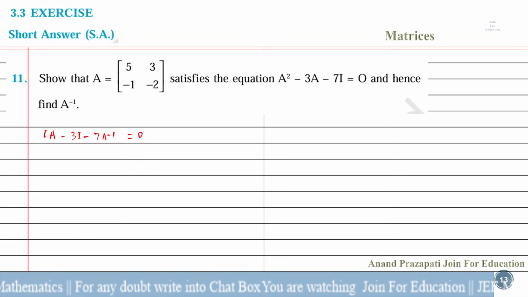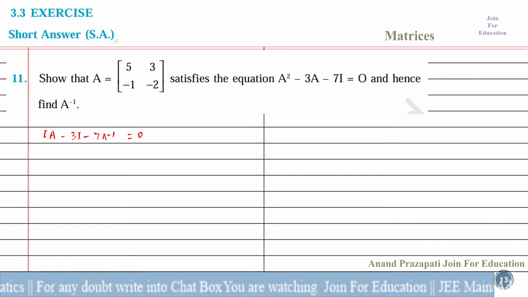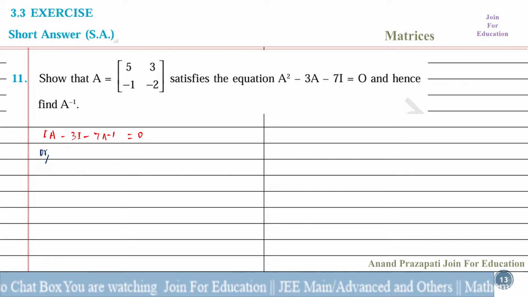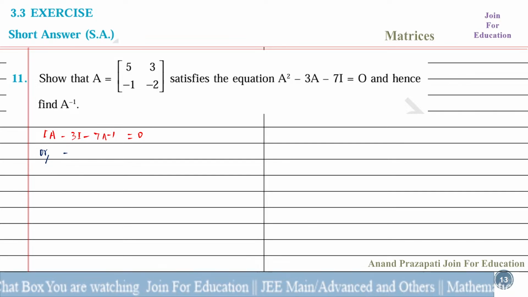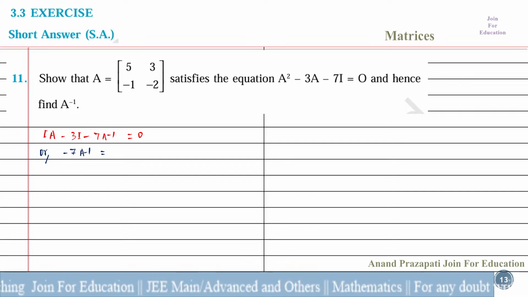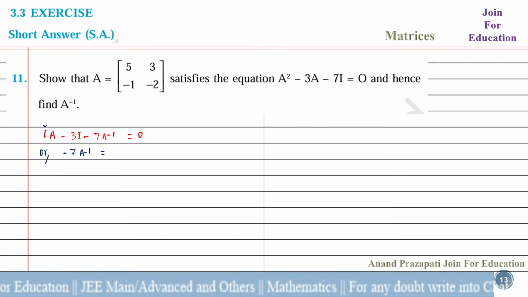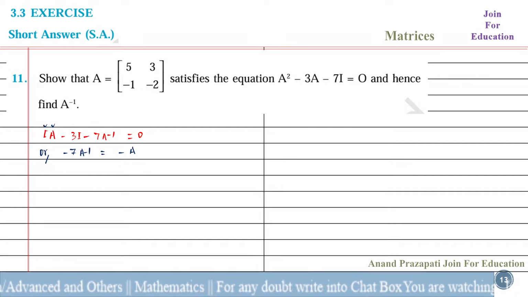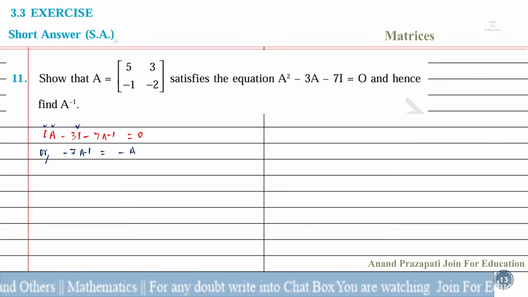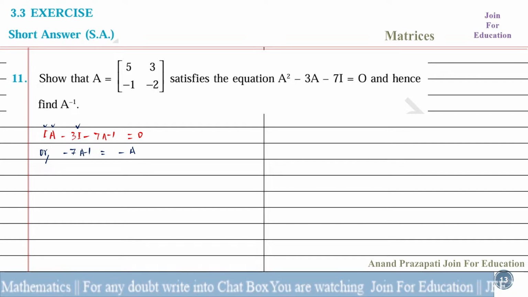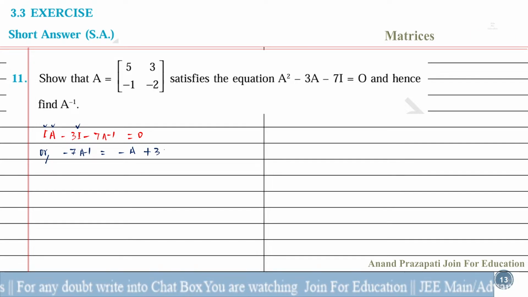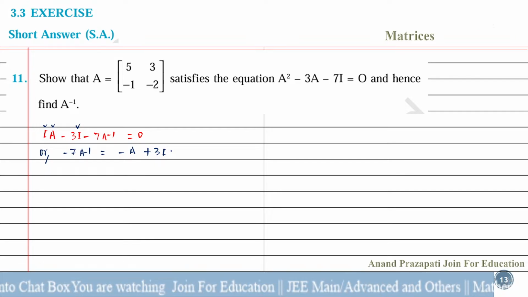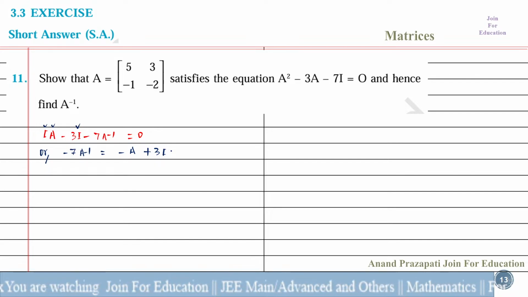Or the next step will be minus 7 A inverse equal to minus I into A, equal to minus A plus 3I. Observe, is there any problem to understand up to this step?